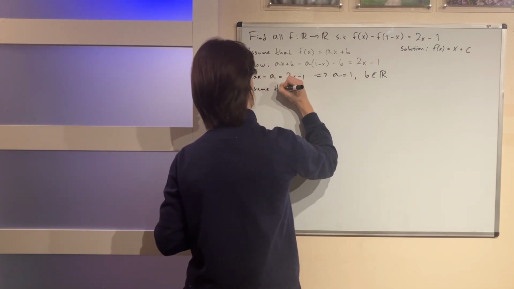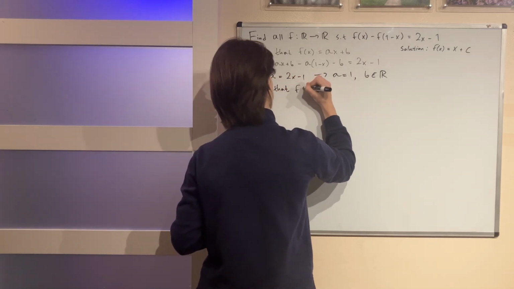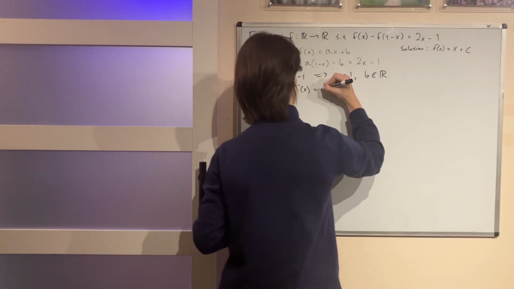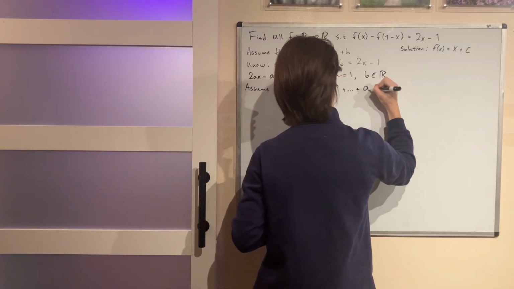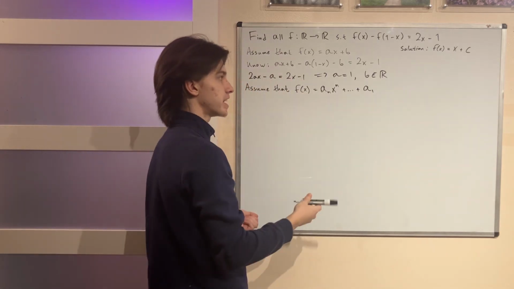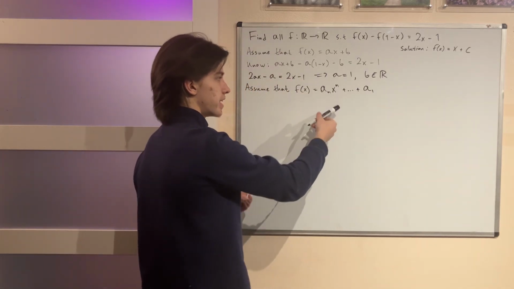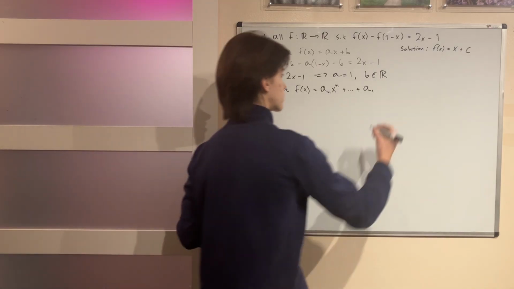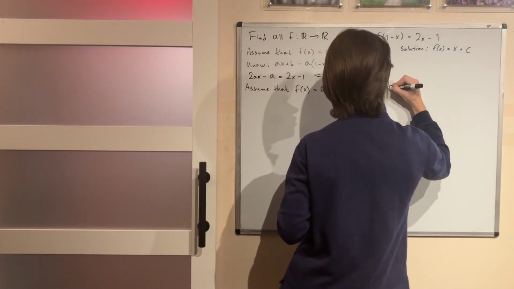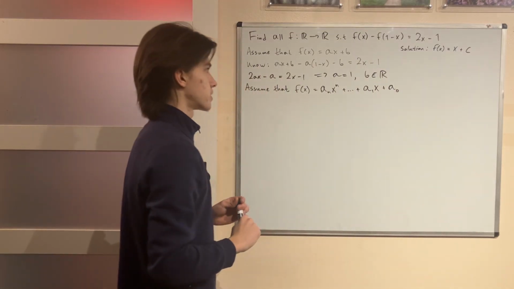It will take on the form of an n-degree polynomial with n coefficients: the coefficient an times x to the n, and then the coefficient an minus 1 times x to the n minus 1, and so on, summed up to the constant term a0.